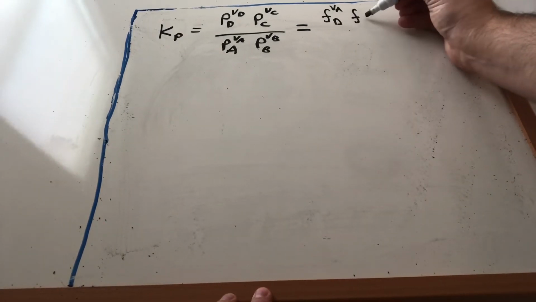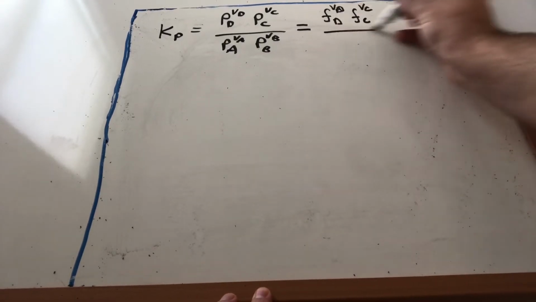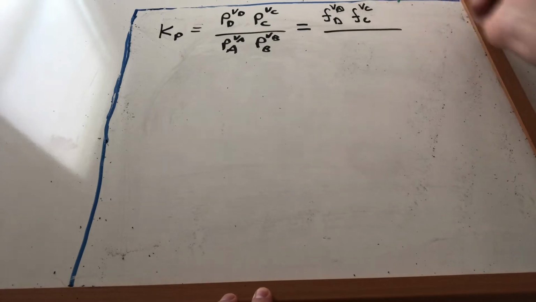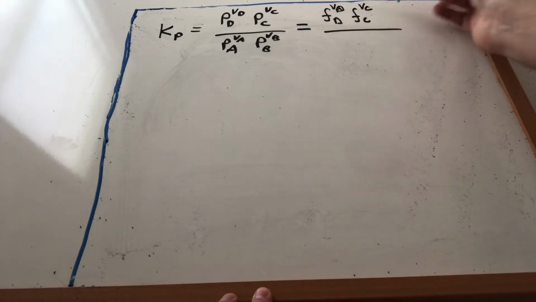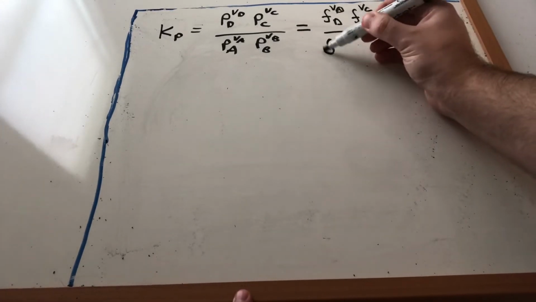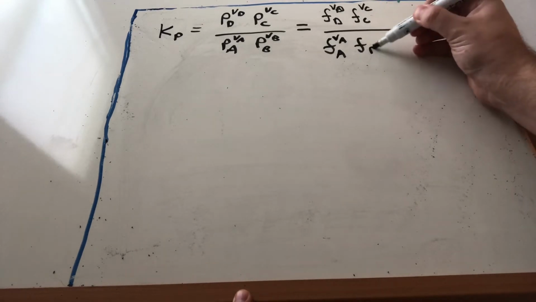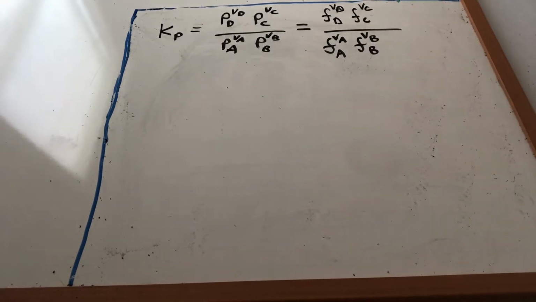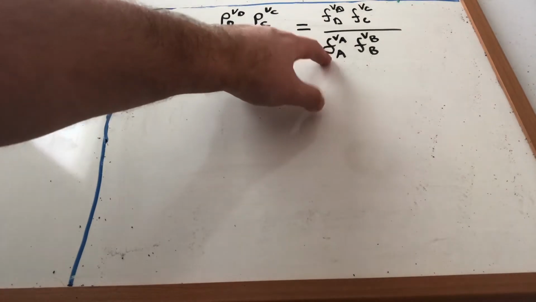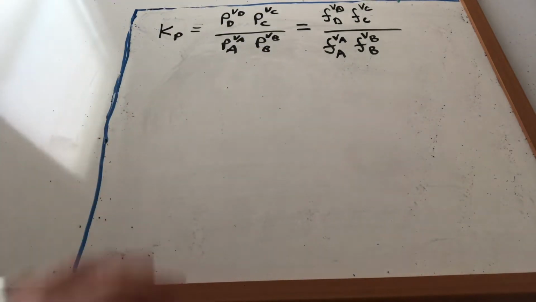So it's the fugacity of C, of D, of A, of B, each raised to its stoichiometric coefficient. It's the exact same setup, the exact same math. We're now using fugacities, which are the activities of gases.